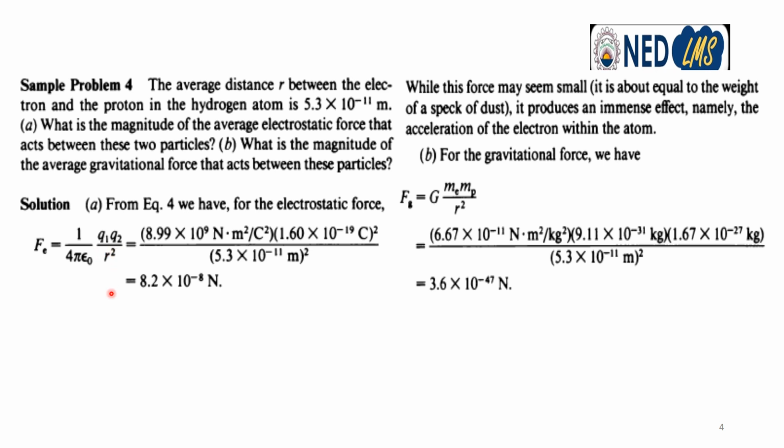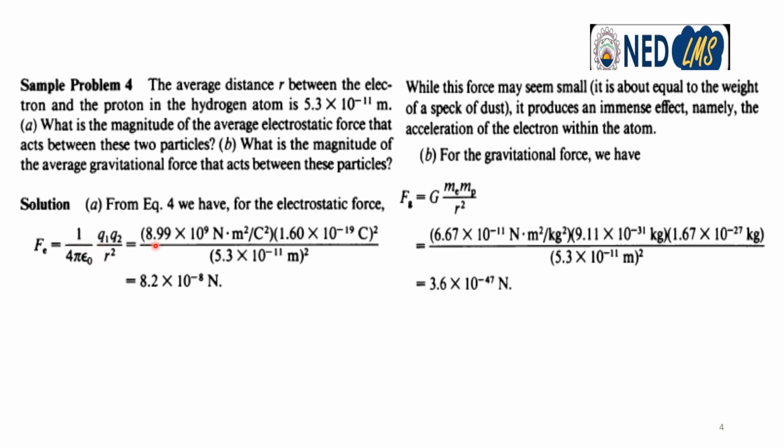So both forces are like forces. The formulas of both forces are the same as each other. So first find the electrostatic or Coulomb's force. Here the formula is K Q1 Q2 over R square.